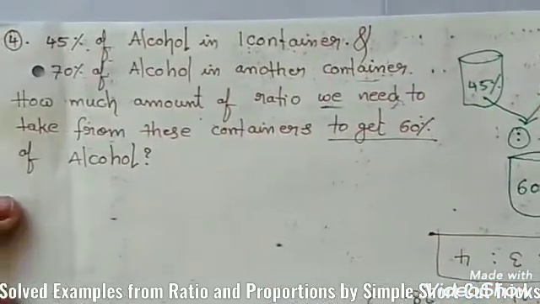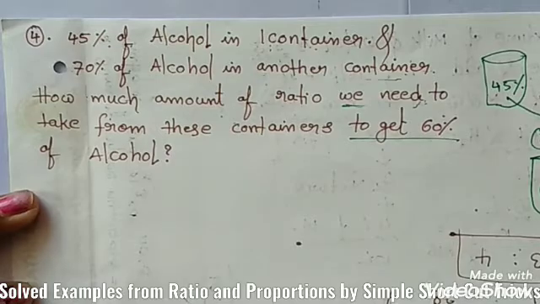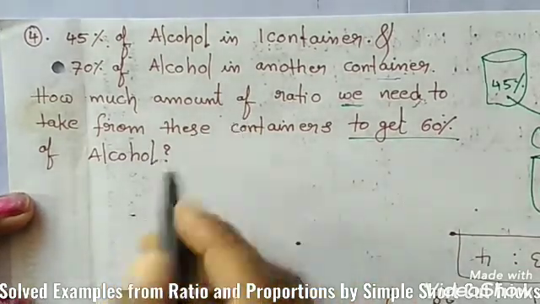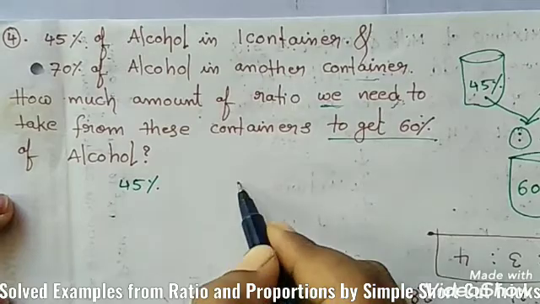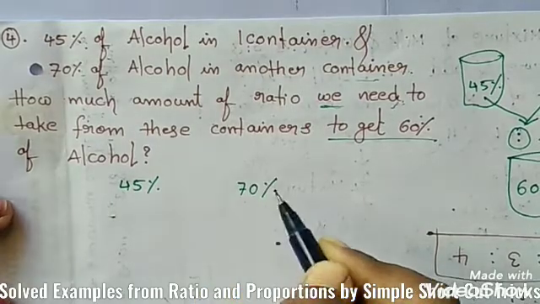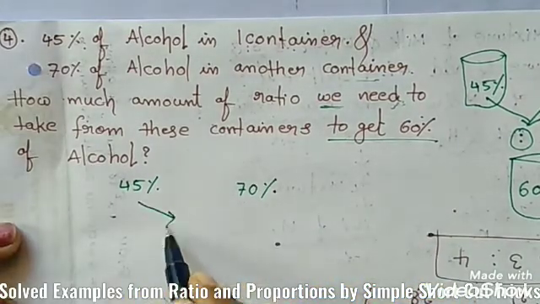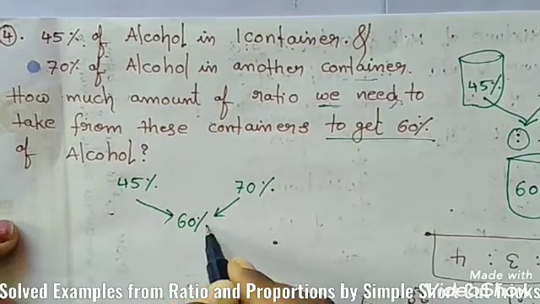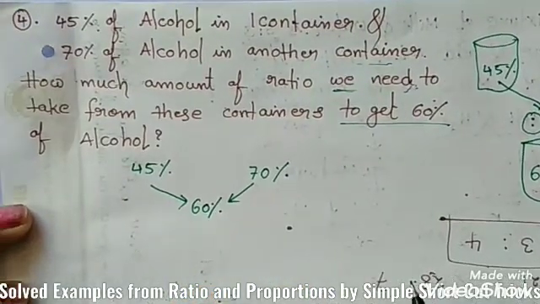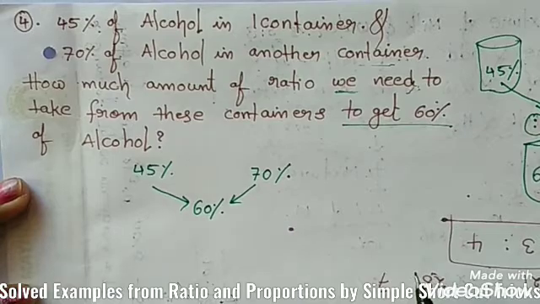This is the question. Let us see the simple calculation for this. First container containing 45% of alcohol. Second container containing 70% of alcohol. From these two containers, we should get finally 60% of alcohol. So like this you have to write simply.